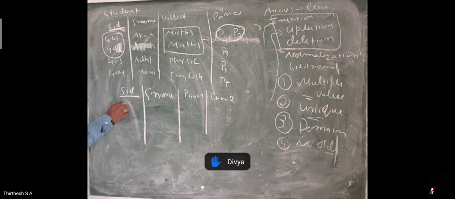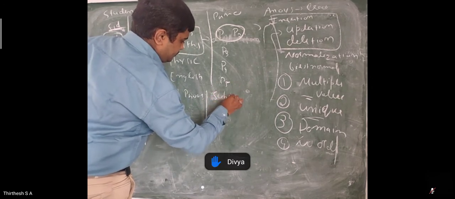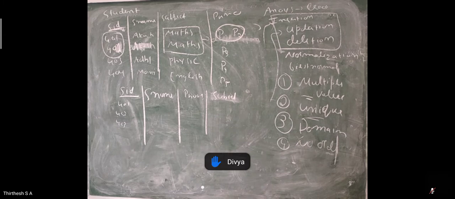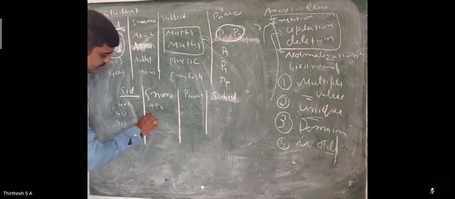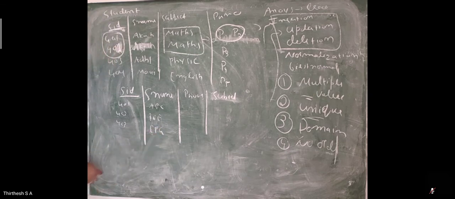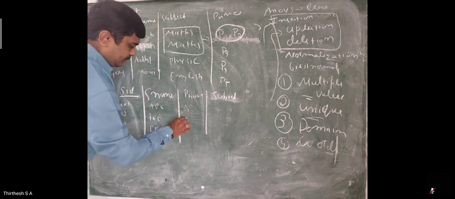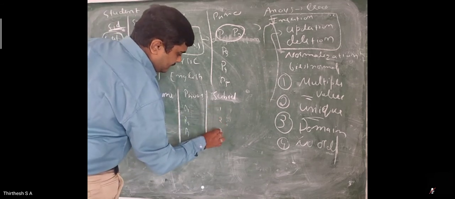SID is 401, 402, 403. SNAME, phone number, and subject ID or SUB ID. So here 403, 404, like ABC, DEF and EFG. Phone number as P1, P2 and P3. Subject ID 1, 2 and 3.